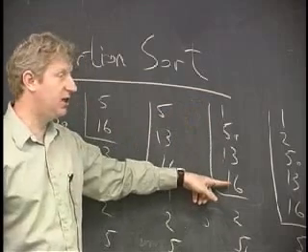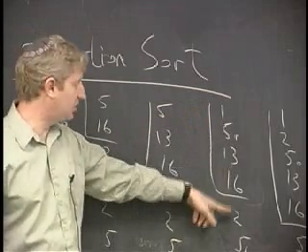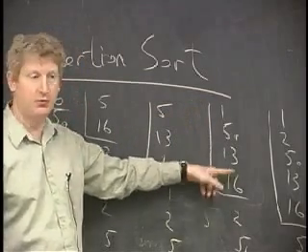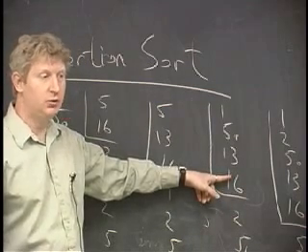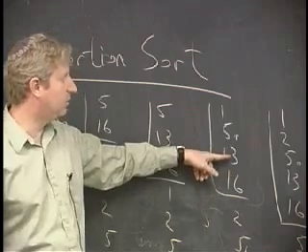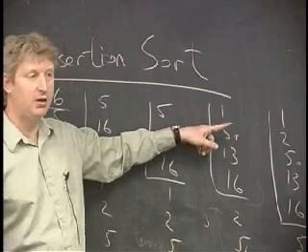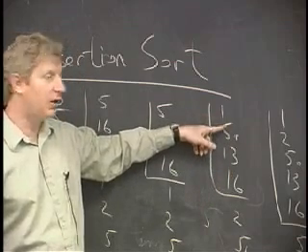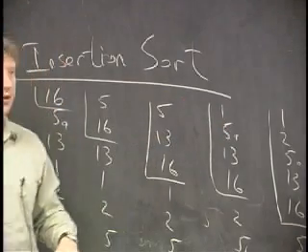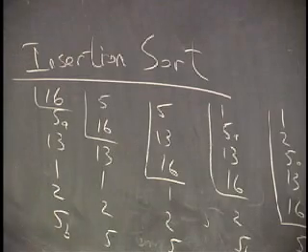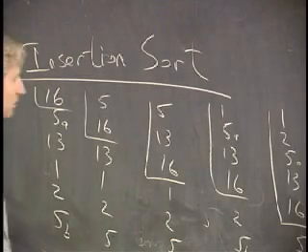I compare 2 and 16, and if 2 is smaller than 16, I just shift 16 down right away and move 2 up. And then I can compare 2 against 13, moving 13 down, 2 against 5a, moving 5a down, 2 against 1. It's not smaller. I just leave 2 there. First cousin to bubble sort. It looks a little like bubble sort, but it's not exactly the same. It doesn't do the exact same order of comparisons, but it should remind you of that.